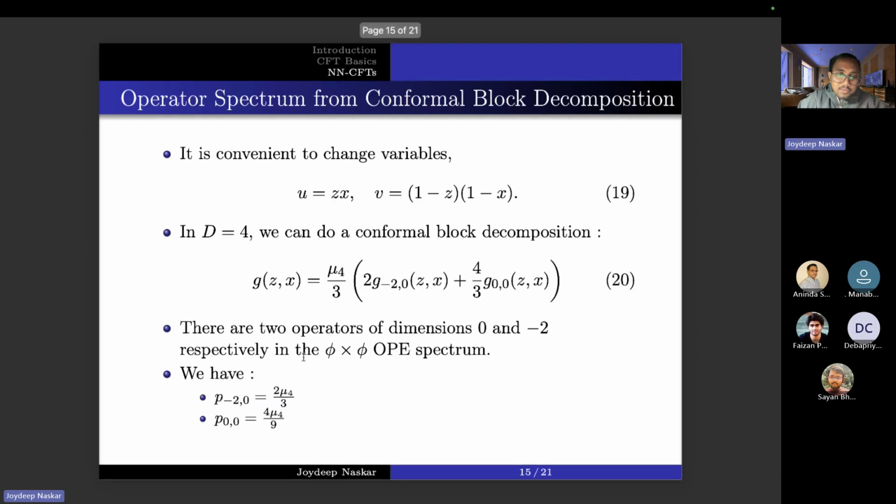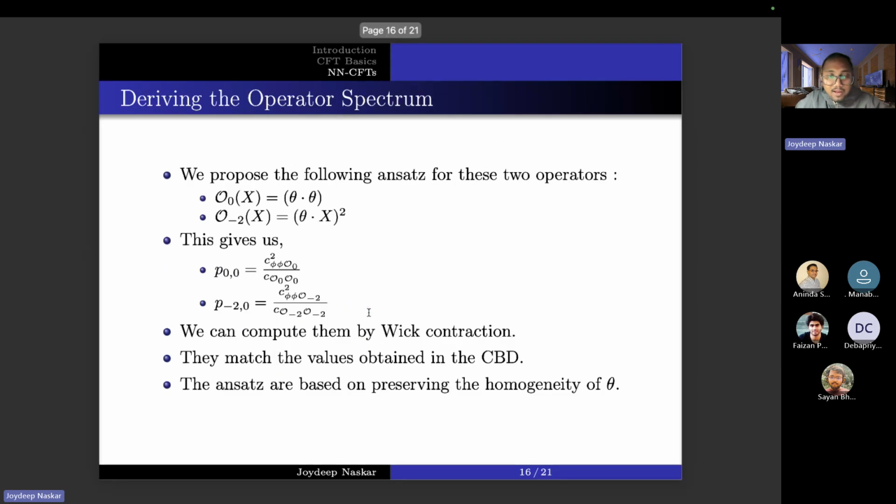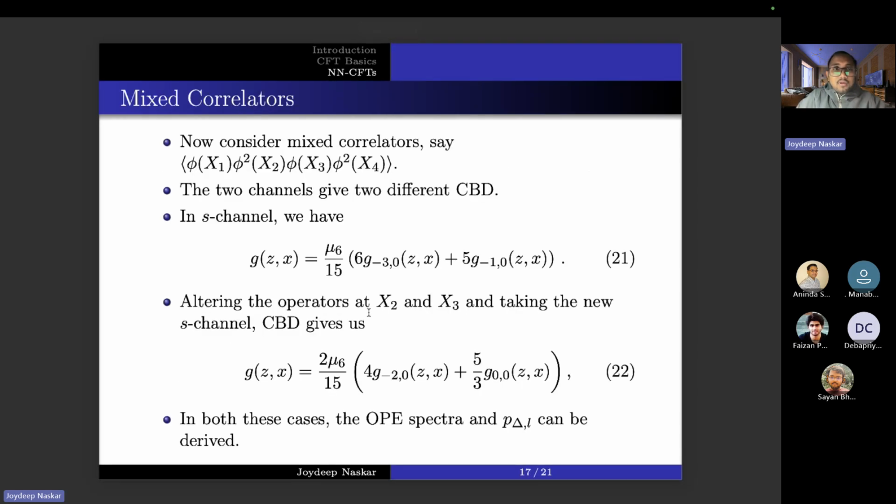But this is a very simple correlator, like you take all the fields to be the same. So can we do it for other correlators, like phi squared correlators? And yes, we can do it for all phi squared correlators and also all phi 4 correlators. Like it works. But now what about mixed correlators, when you have something like this?